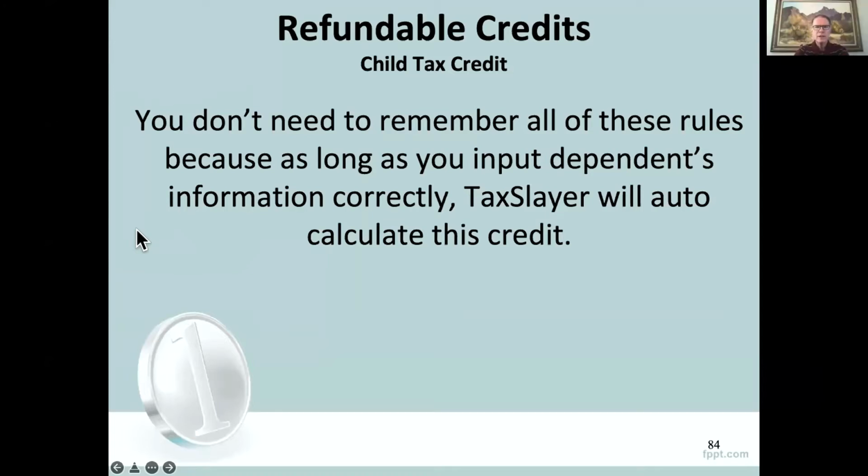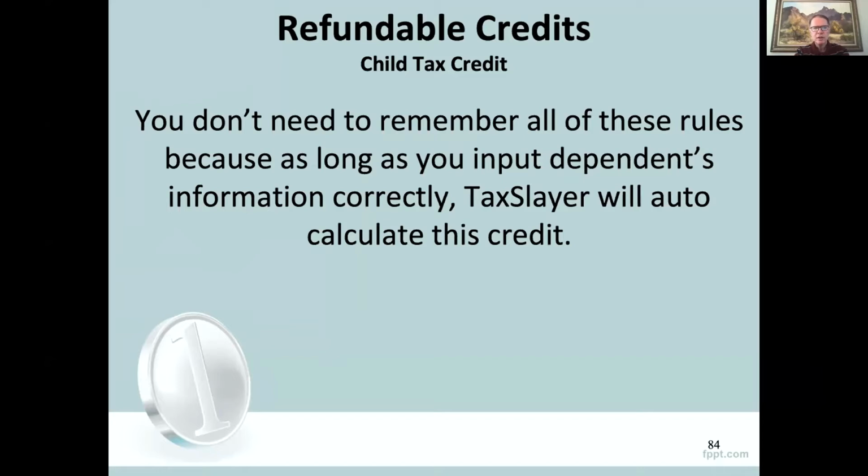All right, ladies and gentlemen, we've talked a lot about child tax credit and the child and dependent care credit. You don't have to remember all of these rules because TaxSlayer auto-calculates this stuff as long as you put the material in the dependent information correctly. I should say for the child tax credit.